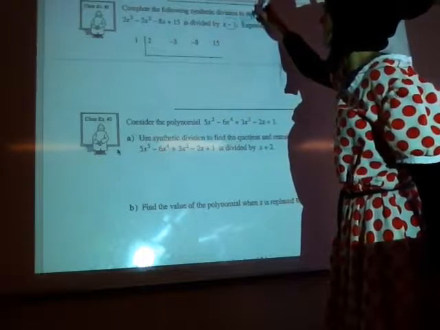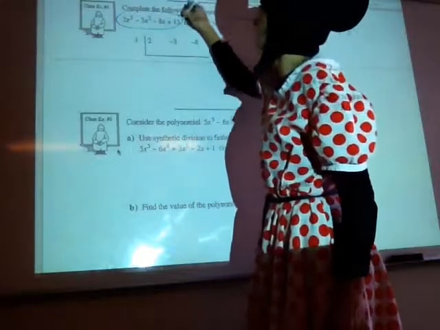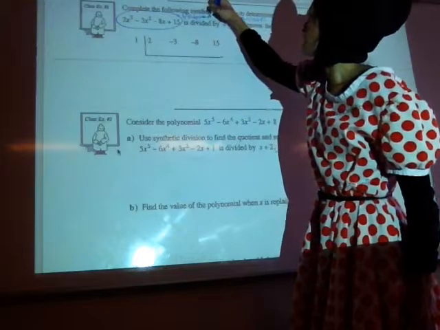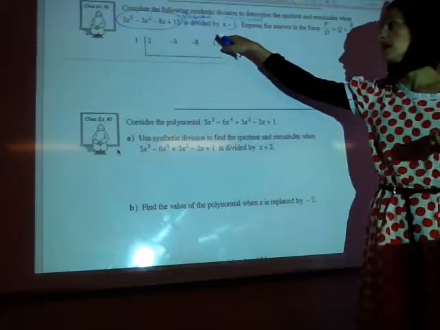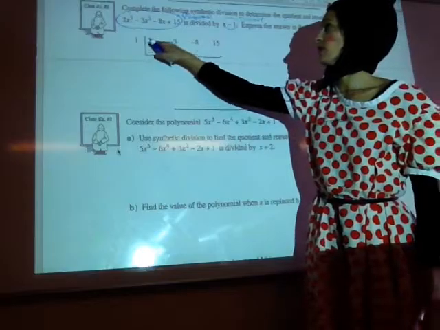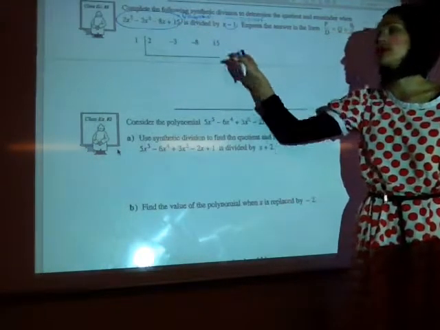Divisor. Good. And what do we call this? Polynomial. Okay, so if I wanted to set this equal to 0, x would equal 1. So that goes on the side. The polynomial is given by 2x cubed, negative 3x squared, negative 8x, positive 15.